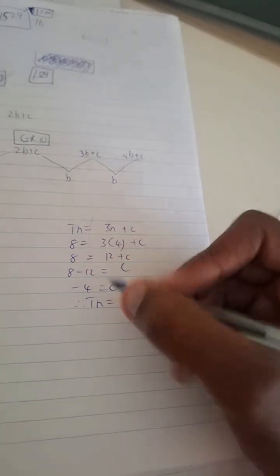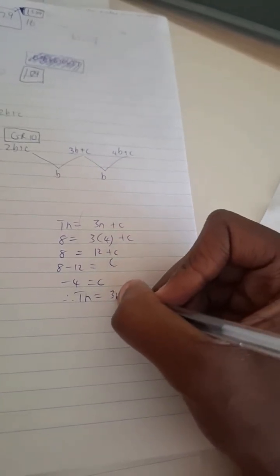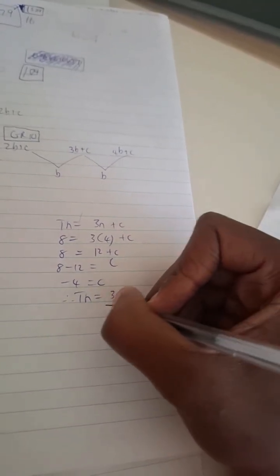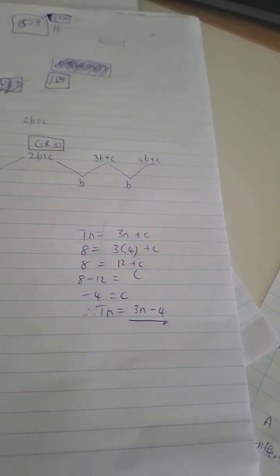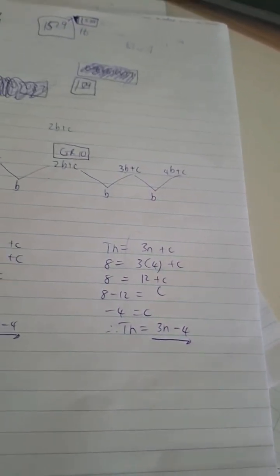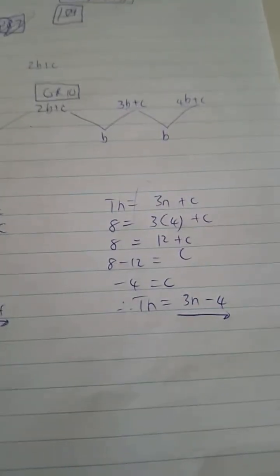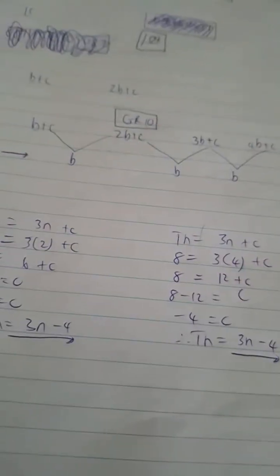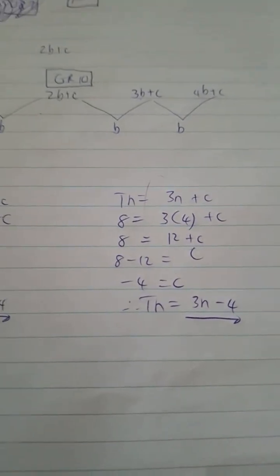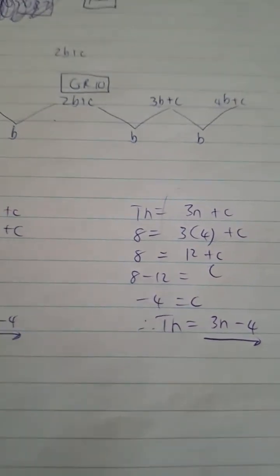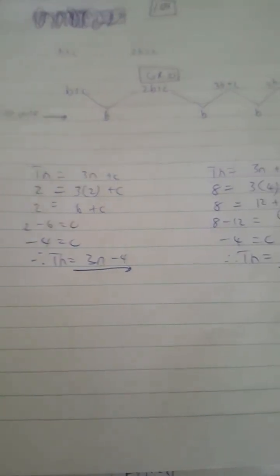To negative 4. What is the general term? Tn is equal to 3n minus 4. Okay. So all in all, guys, I think this is the most accurate way to actually calculate the value of c.